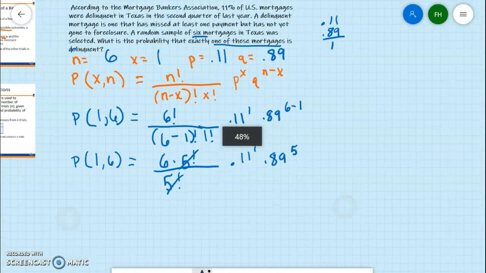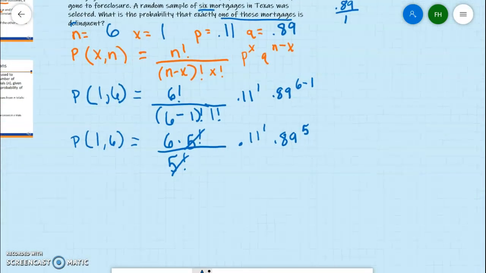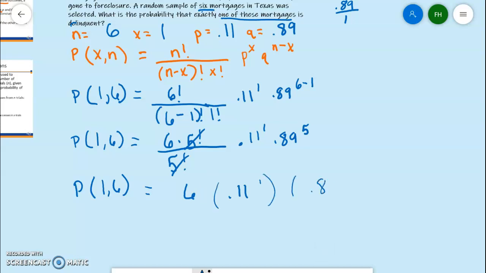Okay, so let's get our answer. We're going to do 6 times 0.11 to the first, let me use parentheses, times 0.89 to the fifth.